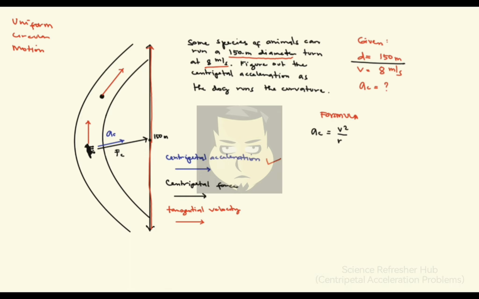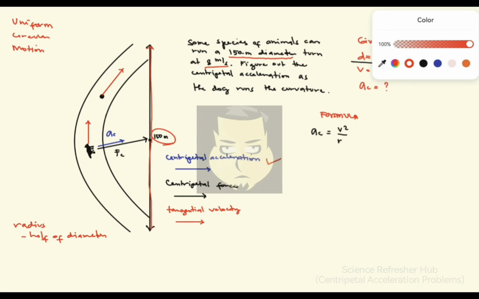But when we say radius, it's just half of diameter. So we will just have to divide 150 by 2, because this is 150 diameter and our radius is just half of it.